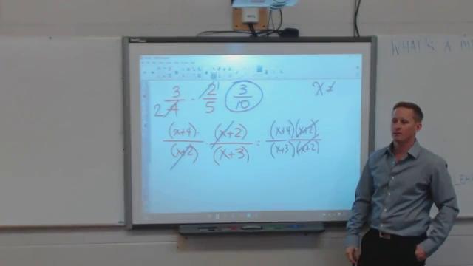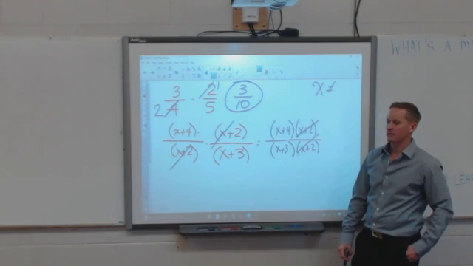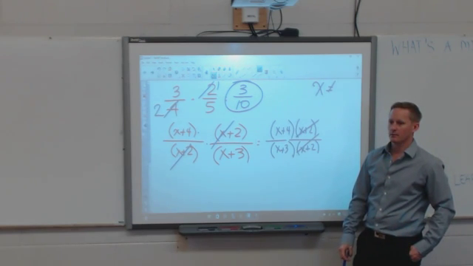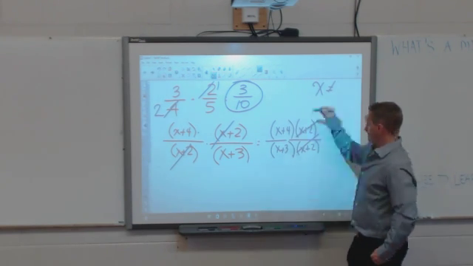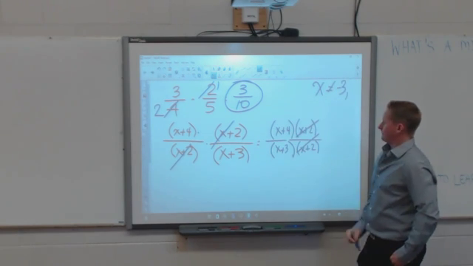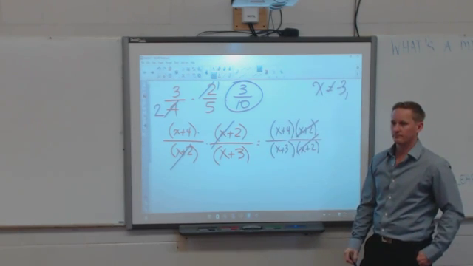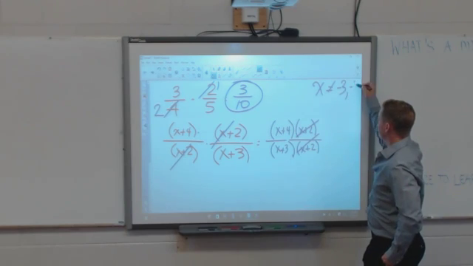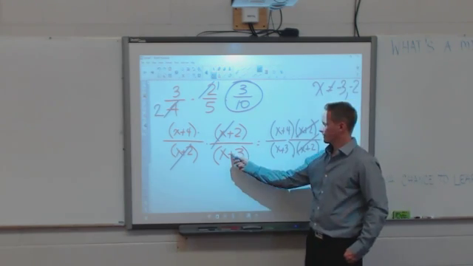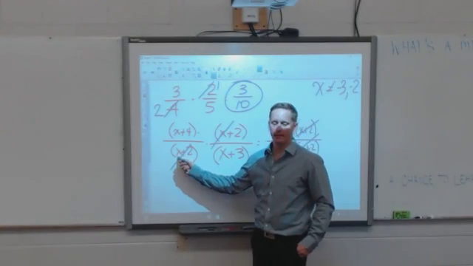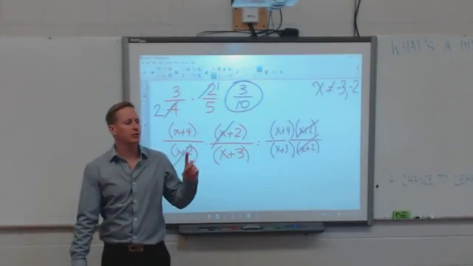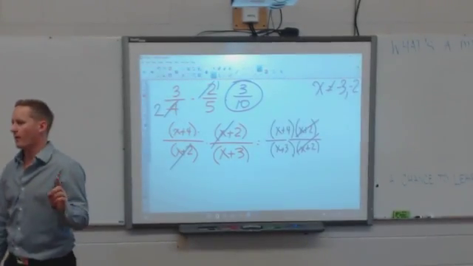In this case, x must not equal -3 and -2. Do the restrictions right away.